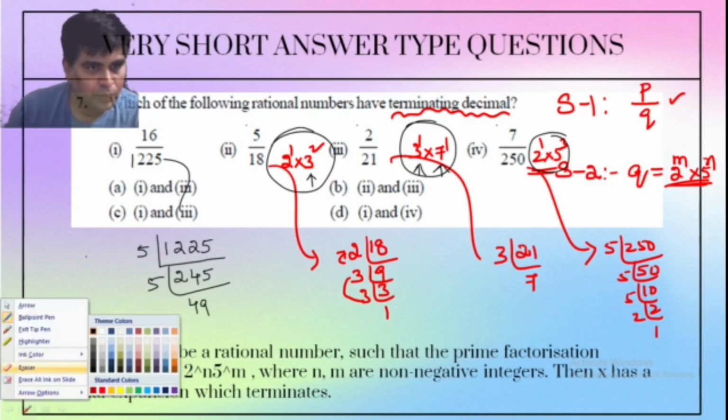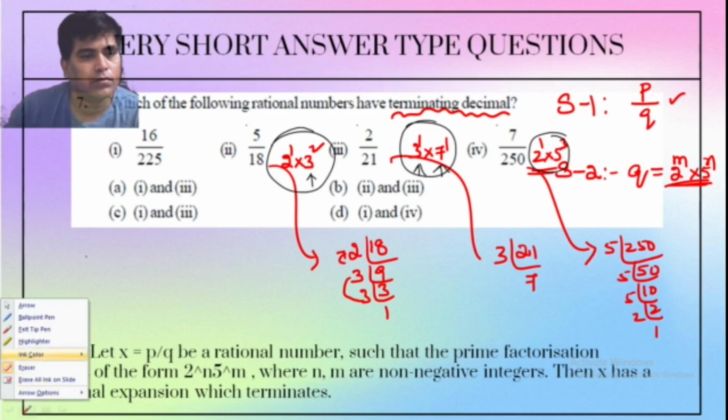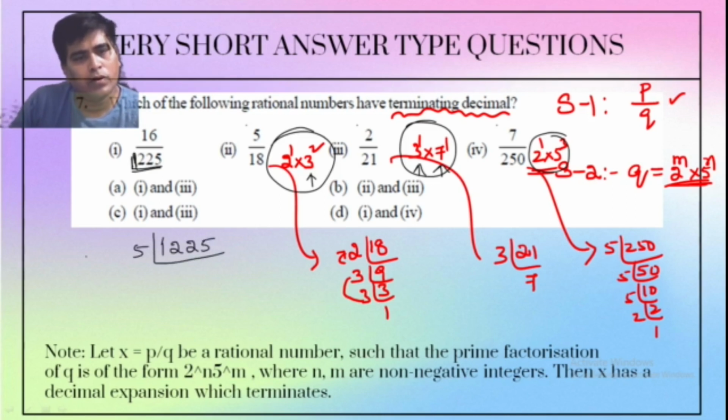Once again I will do it. So this is the number 1225. We will factorize it perfectly. 5 twos are 10, so 2 left out, 22. 5 fours are 20, 2 left out, 5 0.